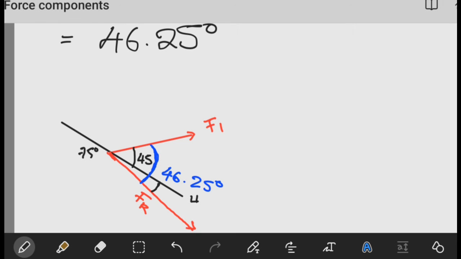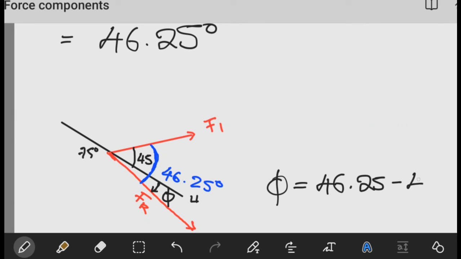Since from F1 to FR it's 46.25, and from F1 to U it's 45, if I label this as phi, we can find phi by subtracting 45 from 46.25.